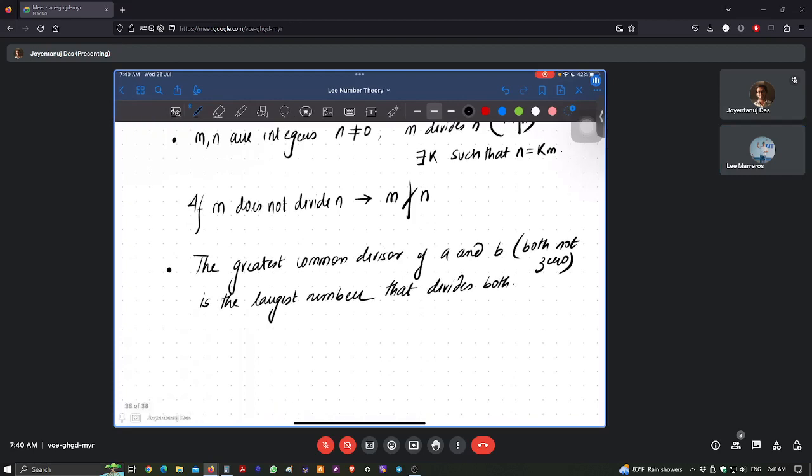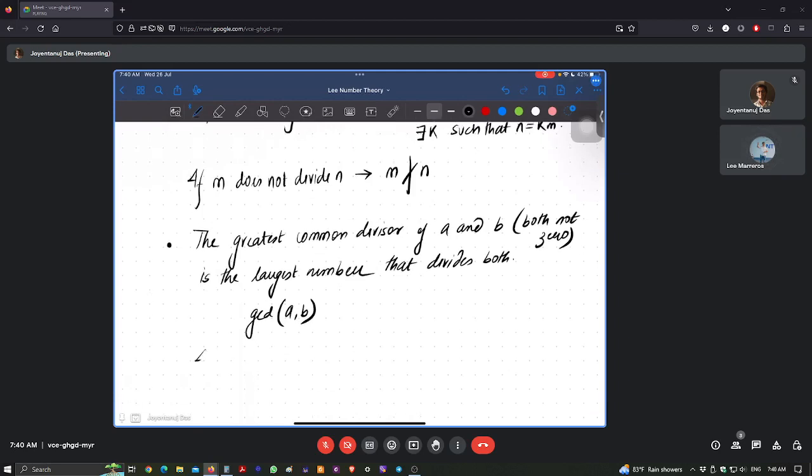The notation, we already know, is GCD of A comma B. And particularly, if GCD of A comma B is equal to 1, then we say that A and B are relatively prime.